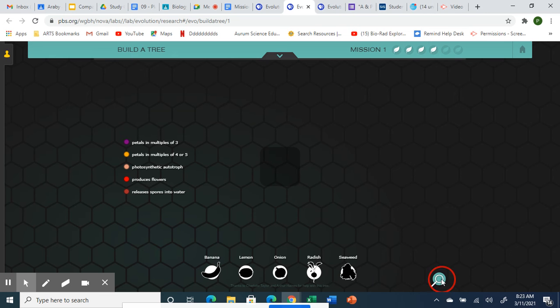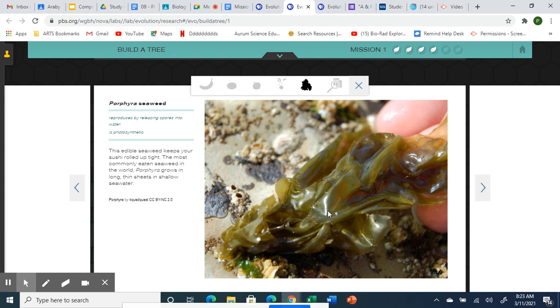So first we use our scope to get information. So seaweed. Let's use the scope.